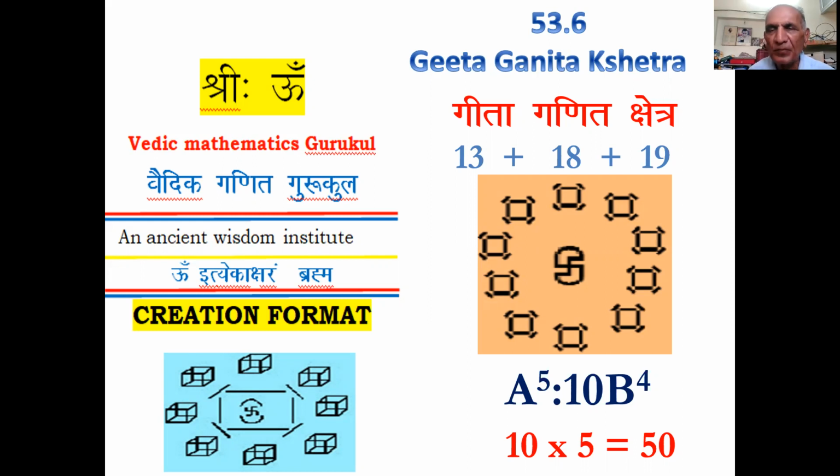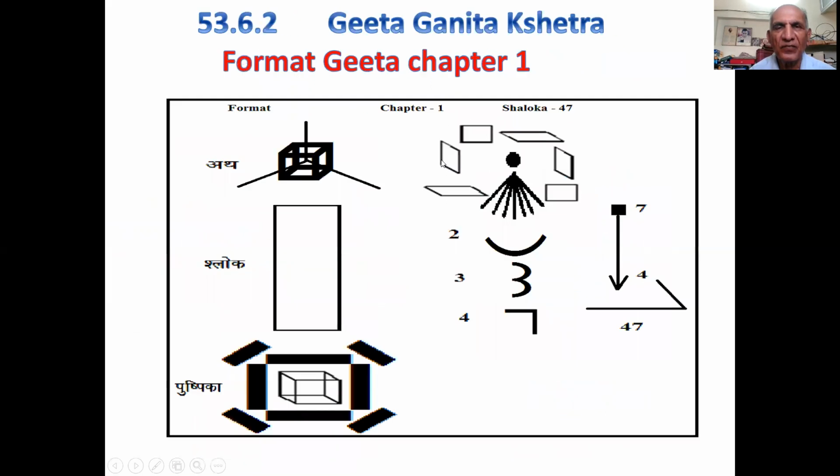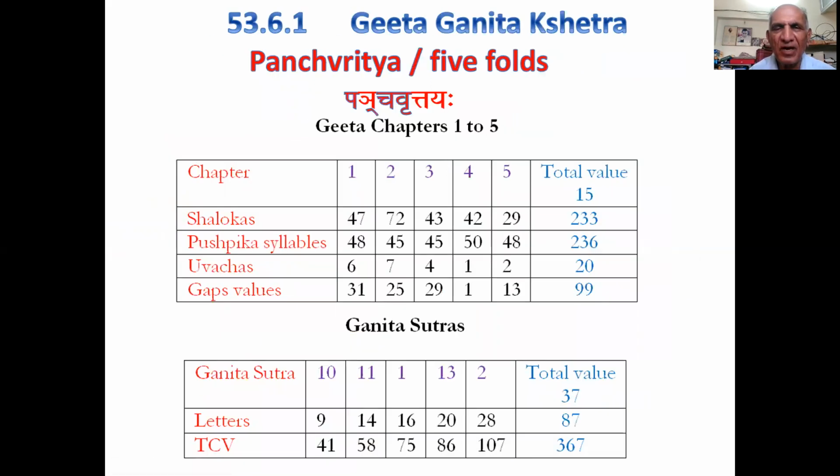This being so, today we are focusing our attention upon Gita chapters 1 to 5, the parallel Ganita Sutras values are to be inherently available for having reached at these organization format features of these five folds of chapters 1 to 5.